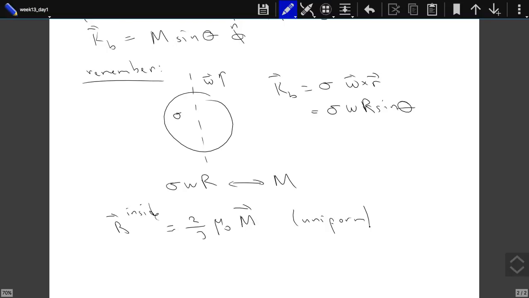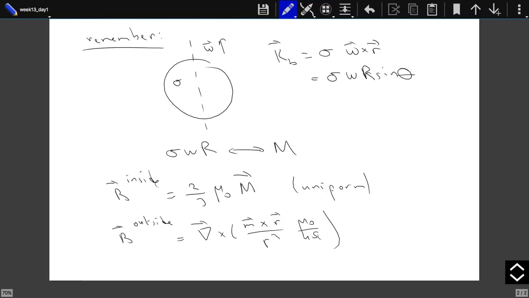There's a uniform magnetic field inside, and outside it is just the dipole field, mu0 over 4 pi, m cross r over r cubed, where m is the total magnetic dipole moment. We know the magnetization. Remember, magnetization is the magnetic dipole moment per unit volume. So if you take the magnetization, which is uniform, and multiply it by the volume, you get the magnetic dipole moment of our sphere.